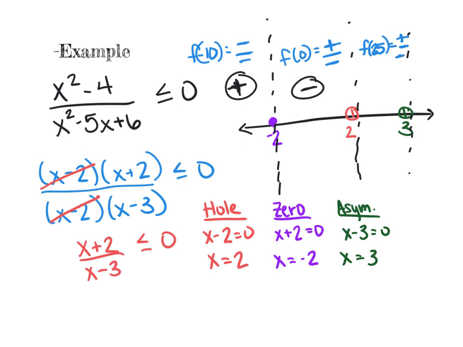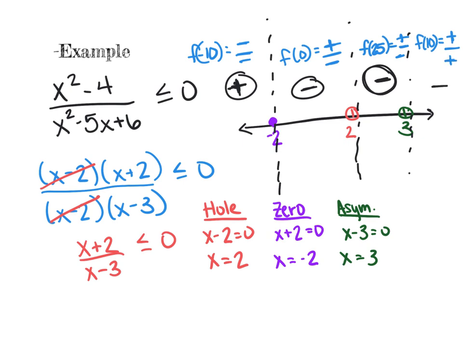So inside of that interval is also going to be negative. And then within the last interval, I'll pick a value that is bigger than 3. So let's do f of 10. 10 plus 2, positive. 10 minus 3, positive. So inside of that interval is positive.